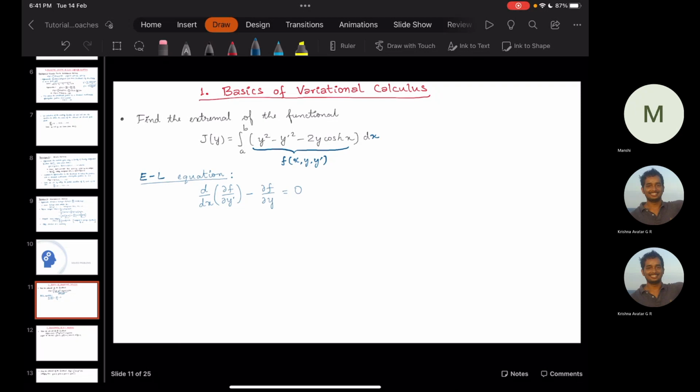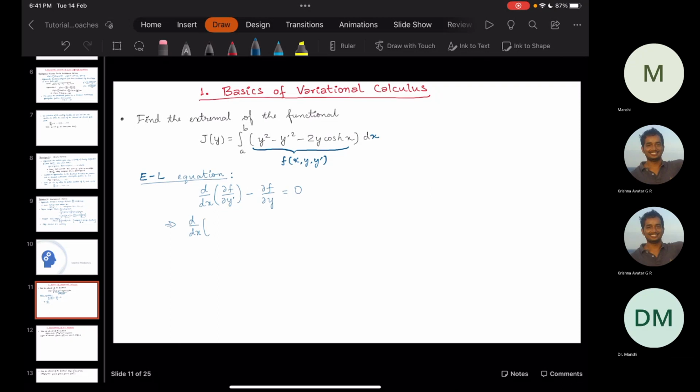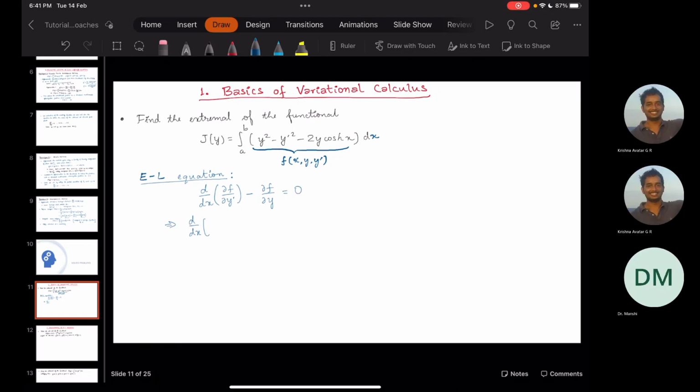Now we take the partial derivative of f with respect to y prime.